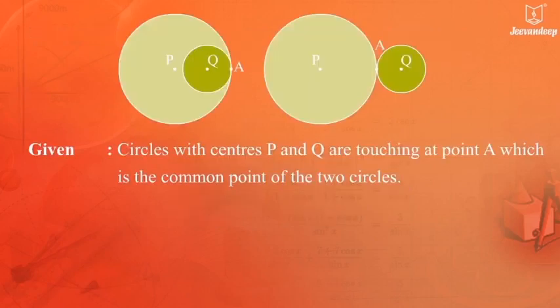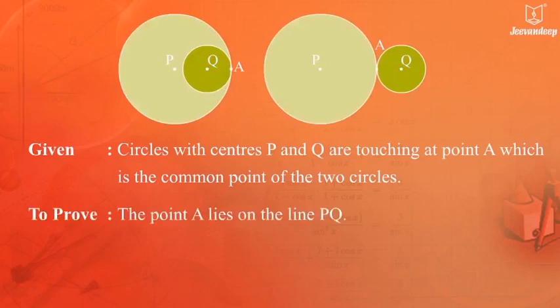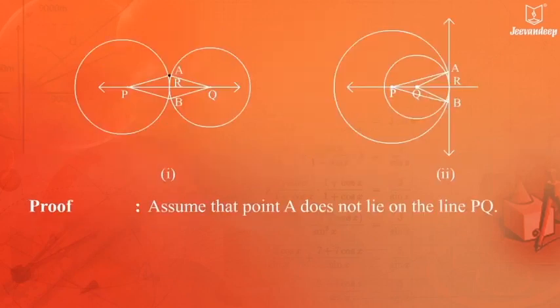Given: circles with centers P and Q are touching at point A, which is the common point of the two circles. To prove: point A lies on the line PQ. Proof. Assume that point A does not lie on the line PQ.